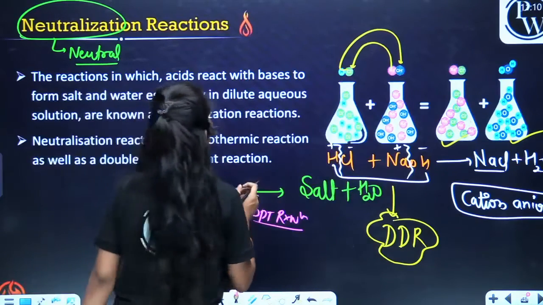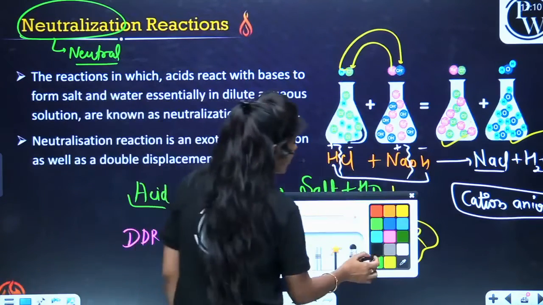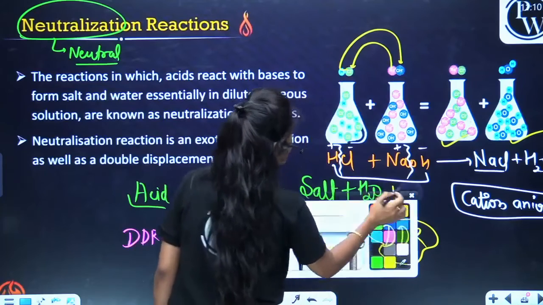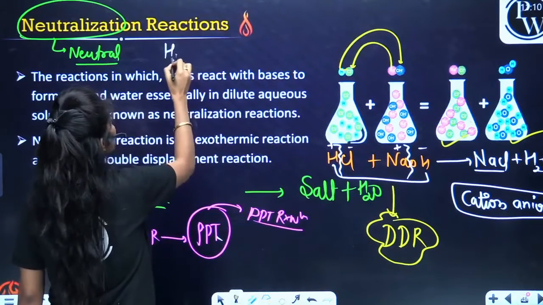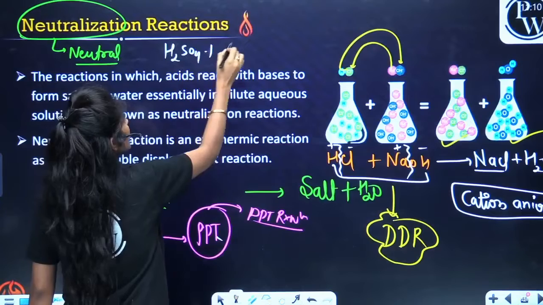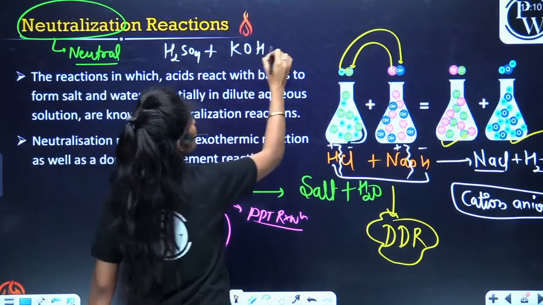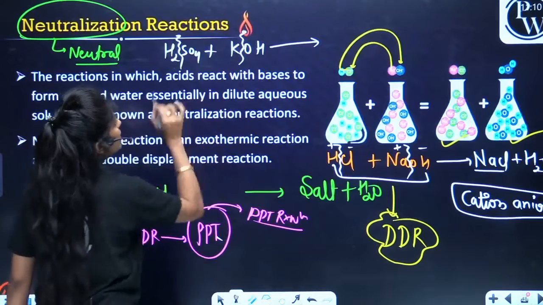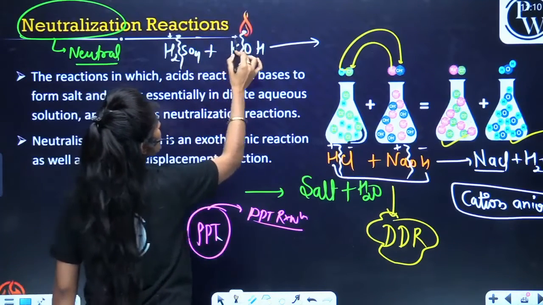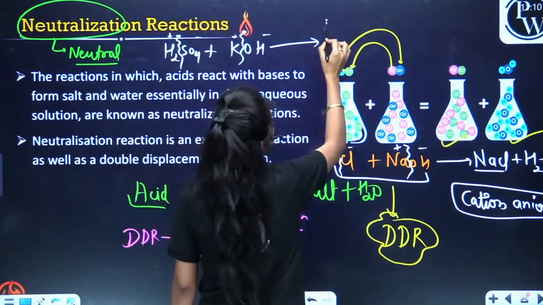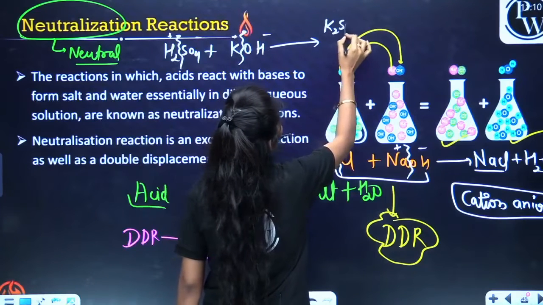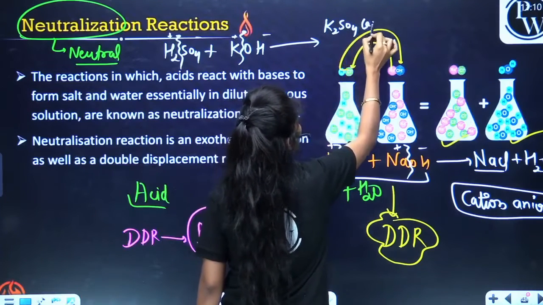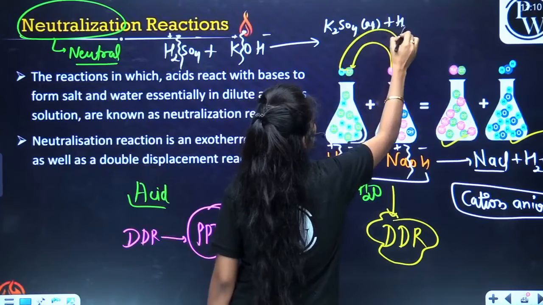I can take one more example to make it more clear. Suppose we have H2SO4, that is the acid, and we have KOH. Tell me, what are the products? Basically, I will be disintegrating them like this: positive, negative, positive, negative. So my products will be K2SO4, that is aqueous, and H2O.